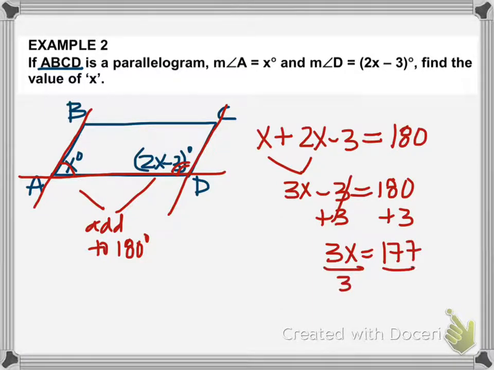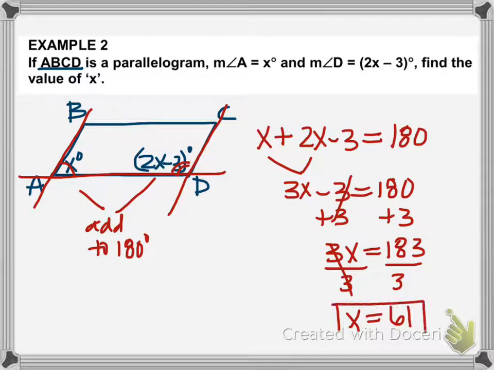And then we'll divide both sides by 3. Okay, it looks like I made a mistake. Let me back it up. 180 plus 3 is 183. Now when I divide by 3, x equals 61. So we found our x. If we wanted to go a step further and find the measure of those two angles, we can plug in that value for x.